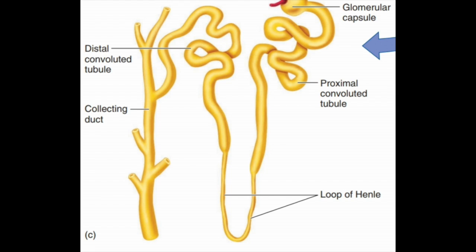Next, we move to the loop of Henle, which is where sodium exits out of the nephron into the blood, which creates a concentration gradient that encourages or discourages osmosis based on the hydration level of the blood.